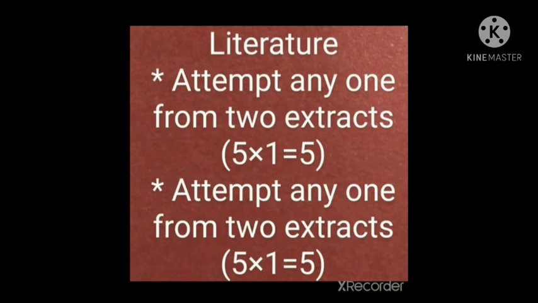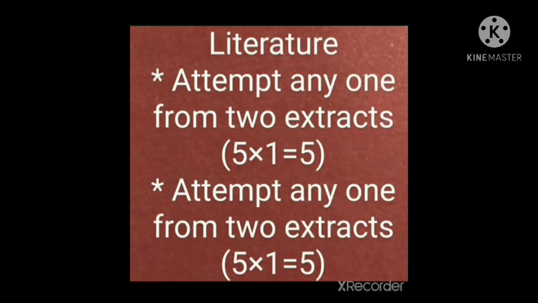So there in each extract you can see 5 questions each. 5 questions in each extract. That is, suppose question A or B will be there. So in question number 3, A or B will be there. So you have to read that question.